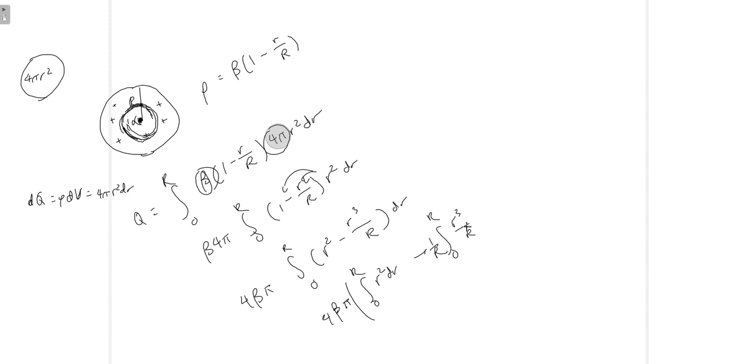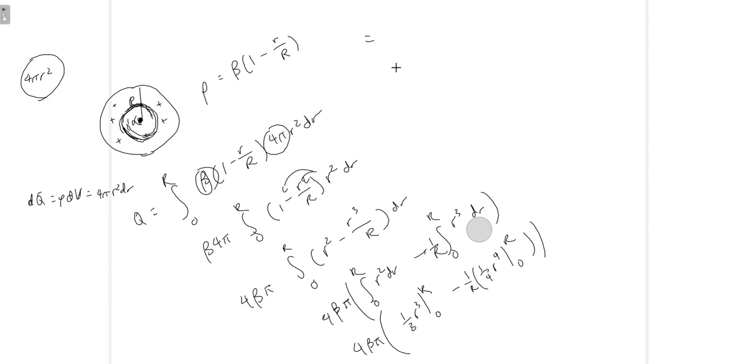We can write R as a constant here. So here, this is 1/3 r cubed, and then we evaluate this from 0 to R. And this one is 1/4 r to the 4th, evaluated from 0 to R, times 1 over R, and then this whole thing times 4 beta pi.